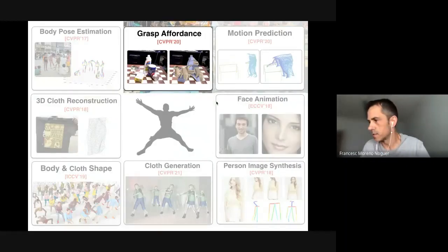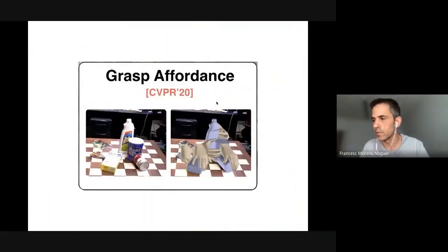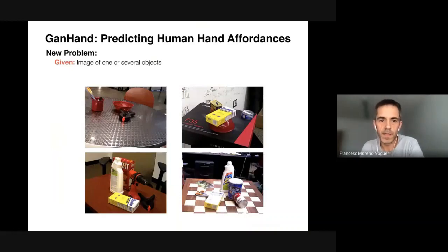And let's finally move to the last paper. That's on grasp affordance. That's a paper that we presented at last CVPR, right? And here we kind of created or invented a new problem, right? And this problem was not formulated in the literature before. And the problem was the following.